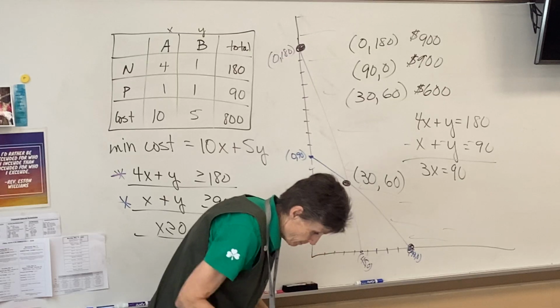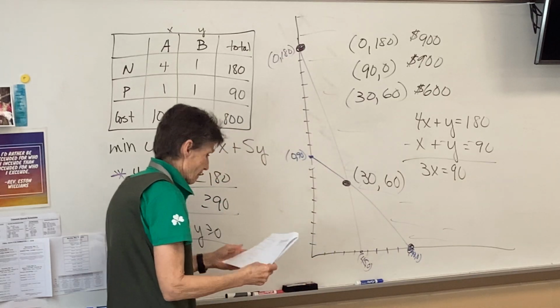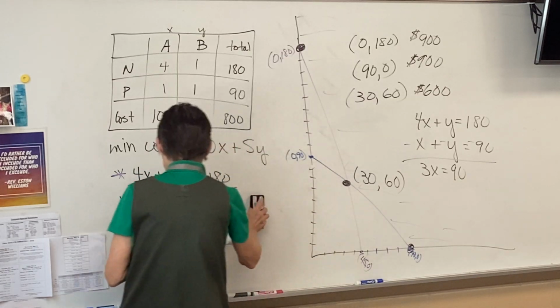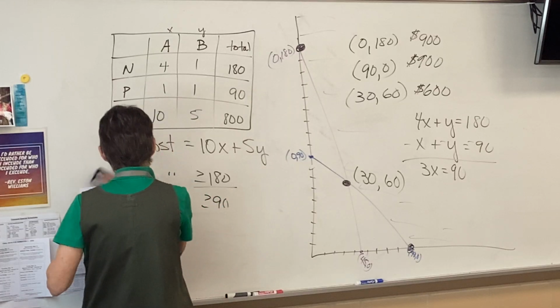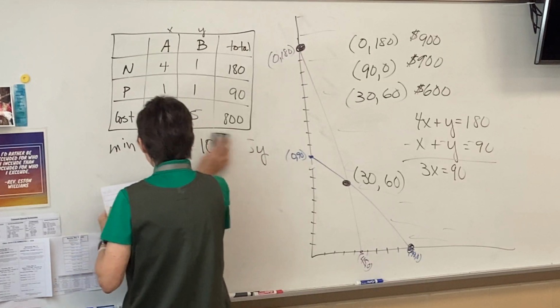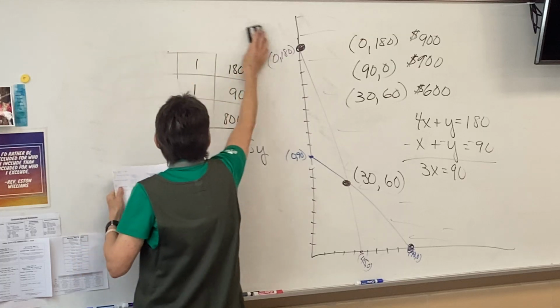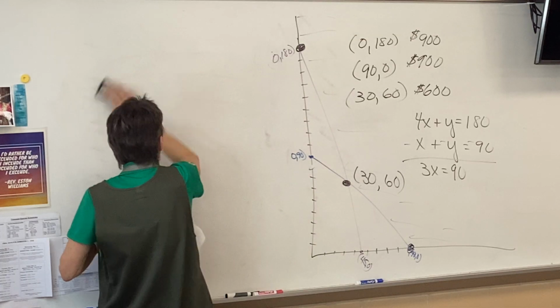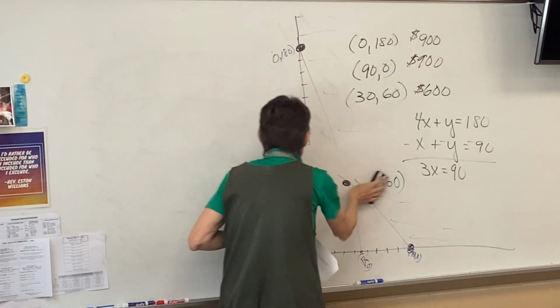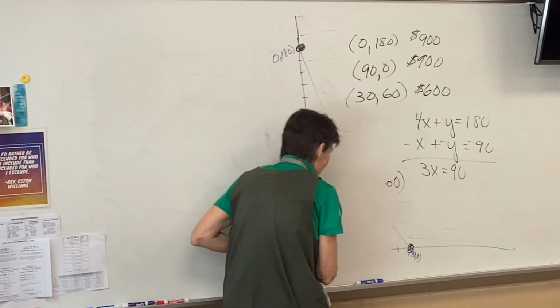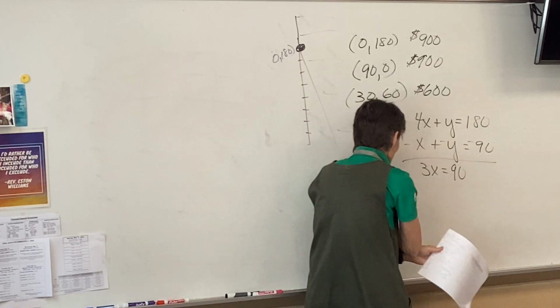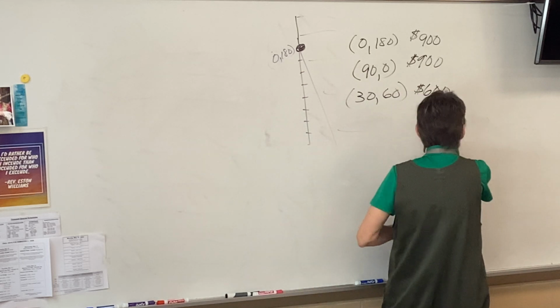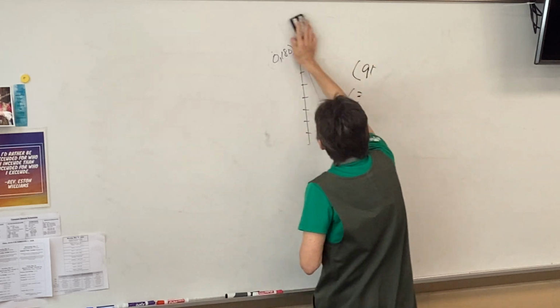Let's do another one. On your test, I'm looking at problems 1 and 2. On your test, you will have a big system like these two to solve, but it will not tell you how to do it.